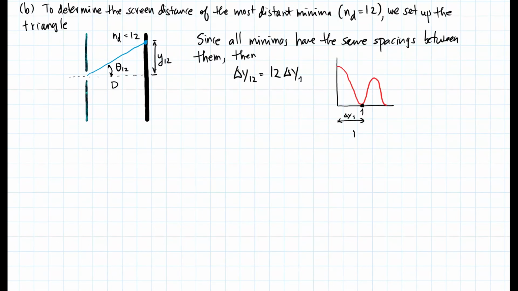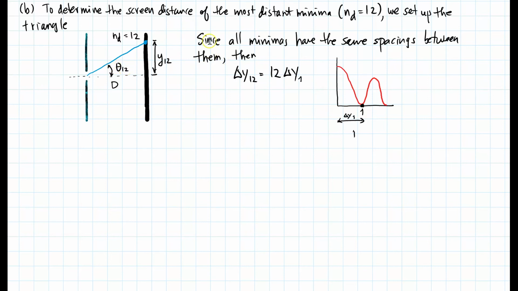To determine the screen distance of the most distant minima, that is ND equal to 12, we set up the triangle. So here's my situation where from the slit opening to the screen is D. The distance that I want to calculate is delta y12, where I have this angle theta 12 here.